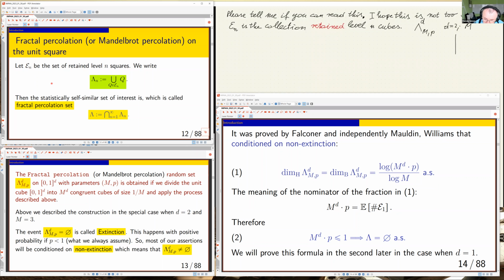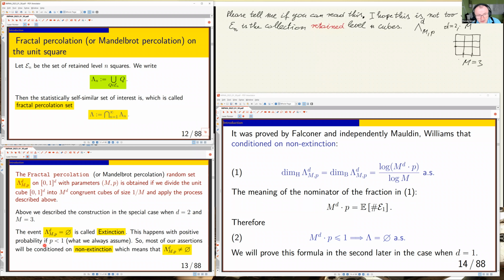So when you divide the square into 3 here and also 3 on the other side, then we say that m is equal to 3. We do not say m is equal to 9, m is equal to 3, and then p is the retention probability, which is over here.